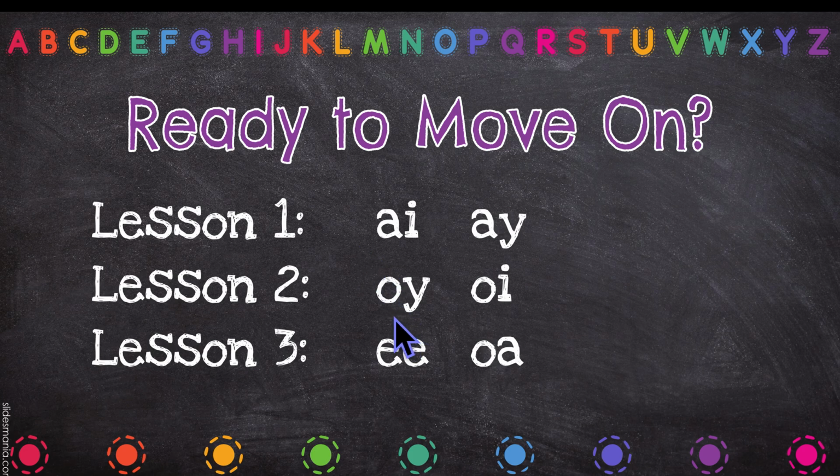How about this one? Oi. And this one? Oi. These two sounds are covered in lesson 2. E. O. If you didn't remember these ones very quickly, please go back and look at lesson 3 again.